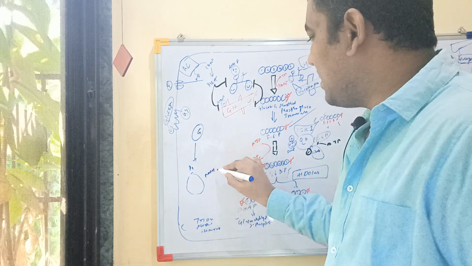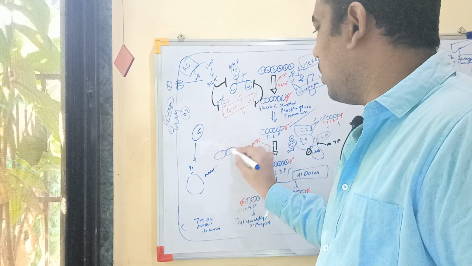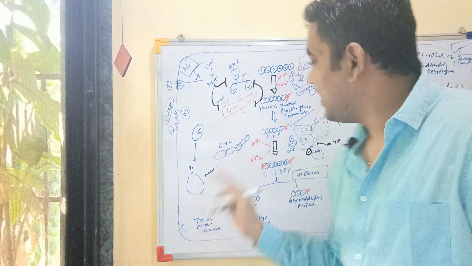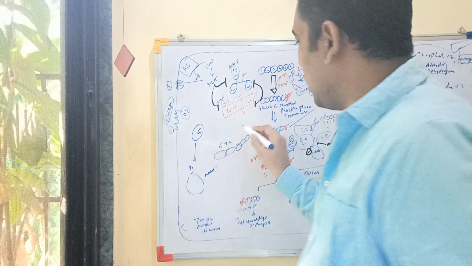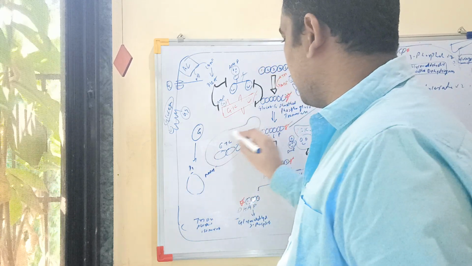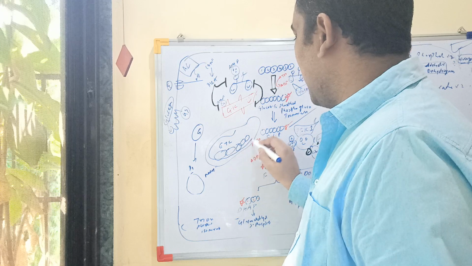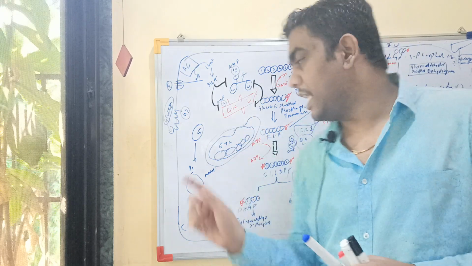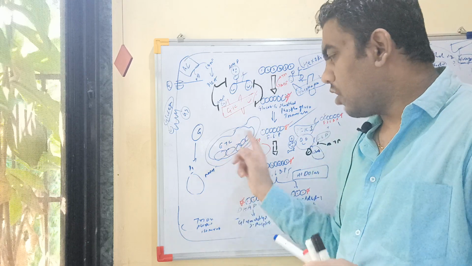And this NADH will go into a process which is called the electron transport chain, and this is the bank. This bank is your mitochondria. So you need mitochondria and the enzymes which run this electron transport chain. We need oxygen for that.